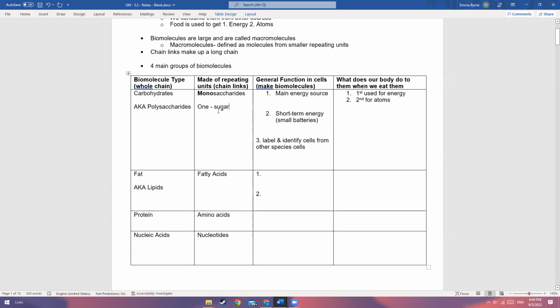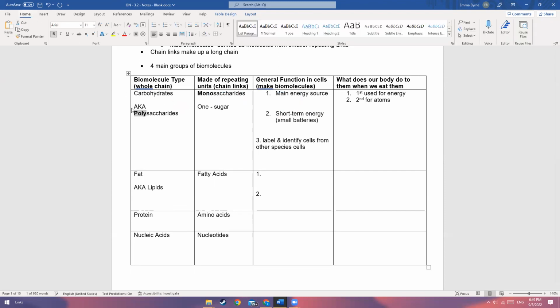So that's what the chain link is. So the Lego piece in this scenario is a monosaccharide molecule. So one sugar. And then when we get to the large structure, so say this is the castle that we're trying to build with our Legos, we call that larger carb structure a polysaccharide.